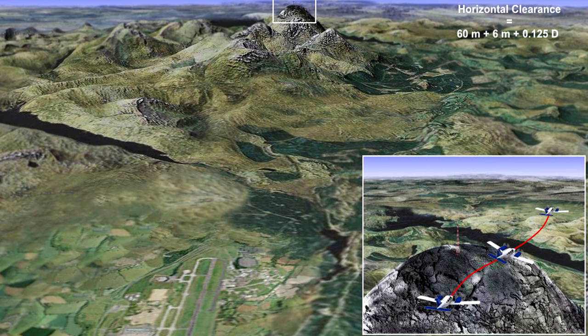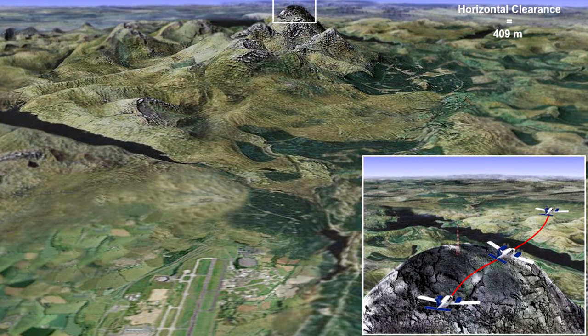D represents the distance from the end of the takeoff distance required to the obstacle. And in our example from earlier, we used 9,000 feet as being the distance to the obstacle, which is 2,744 meters. The formula gives us a horizontal obstacle clearance of 409 meters.